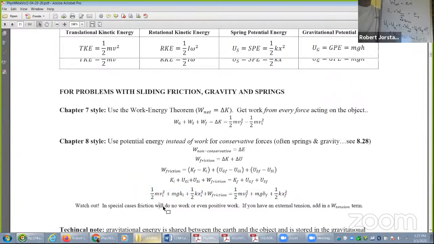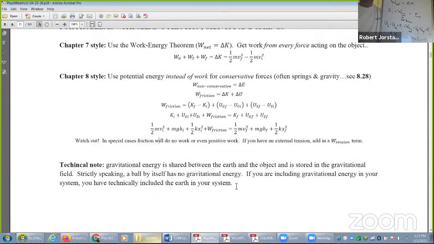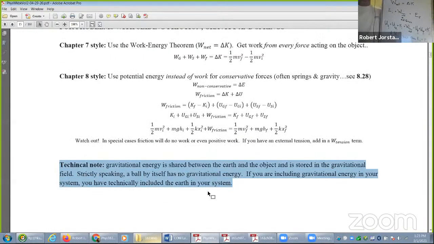All right. Here's a weird technical note. The gravitational energy is actually shared between the Earth and whatever object it is. However, usually what moves more?